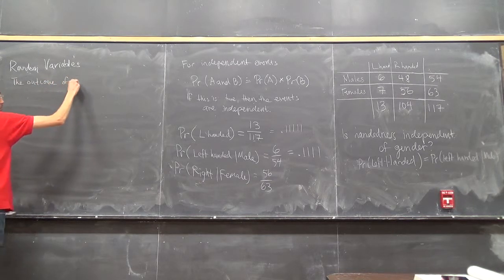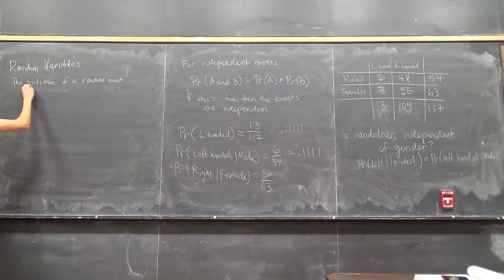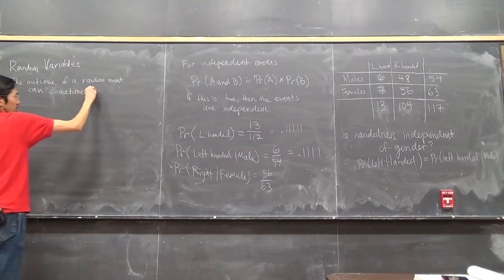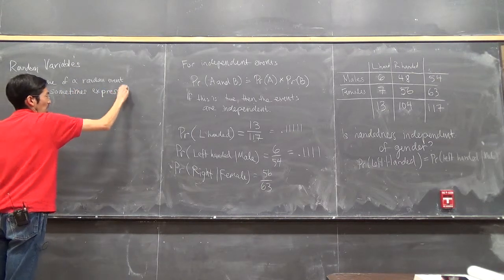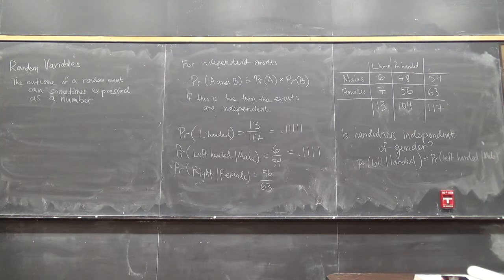The outcome of a random event can sometimes be expressed as a number, and in that case, the outcome is a random variable.